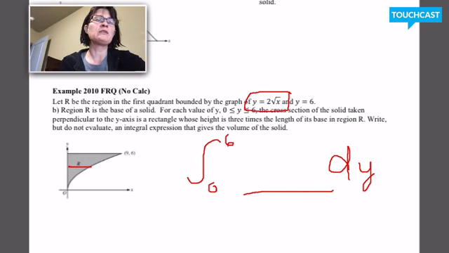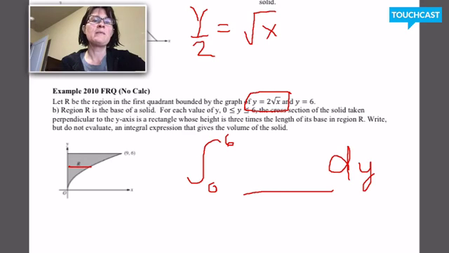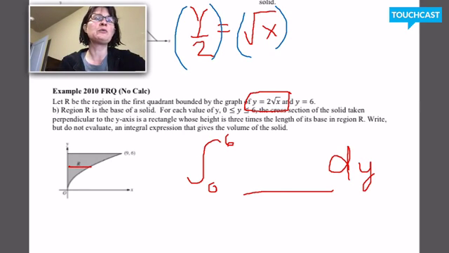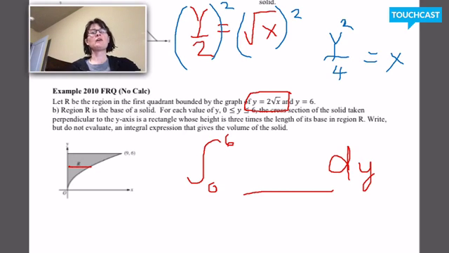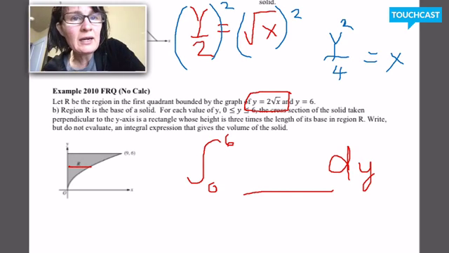I'm going to divide both sides by 2. I would get y over 2 equals square root of x. I'm trying to isolate x, so my next step would be to square both sides, and I would get y squared over 4 equals x.